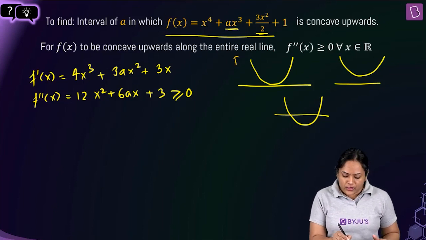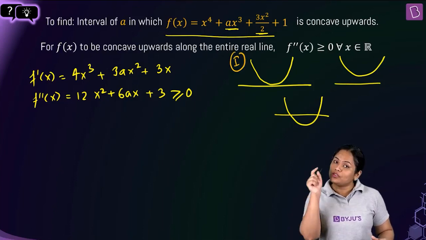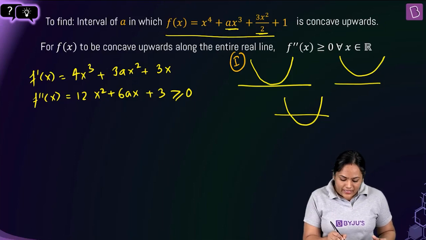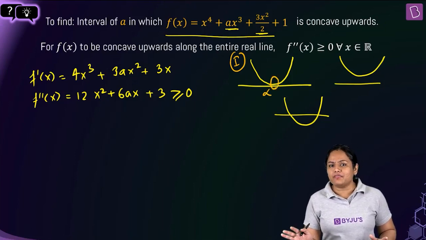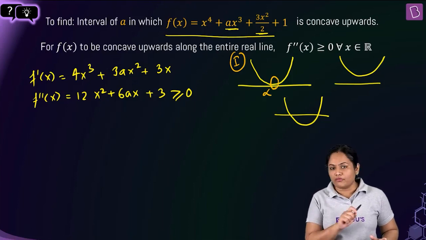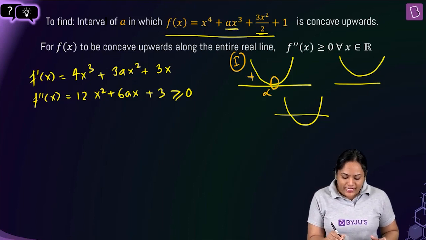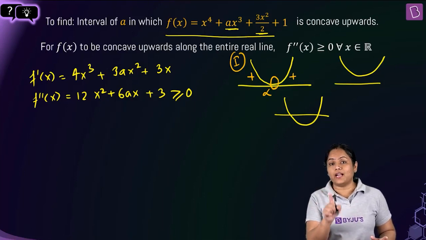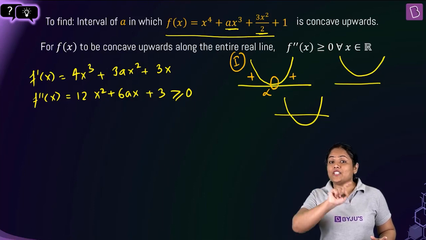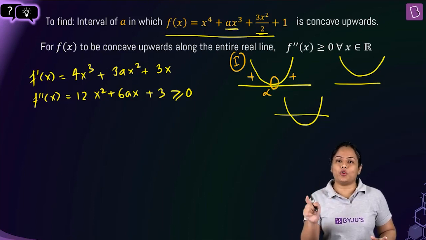For my first case, f''(x) is always positive and it is equal to 0 at one point, let's say alpha, which is the root of this quadratic, but the sign is not changing. That is pretty important: if f''(x) is equal to 0 at one point, its sign should not change about that point.